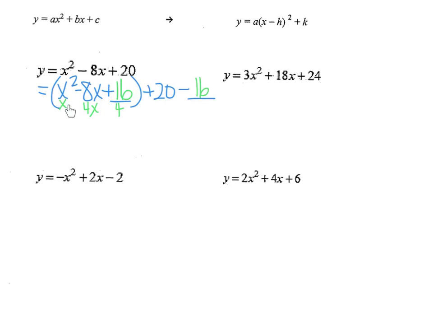I factor this: x minus 4 squared. And I put those two together, 20 minus 16 plus 4.